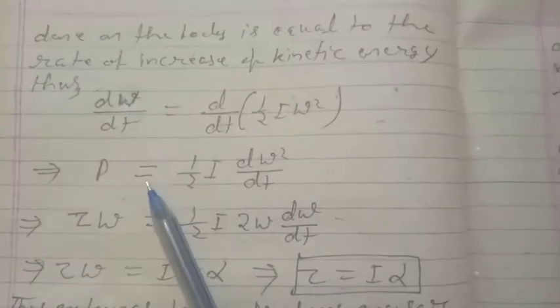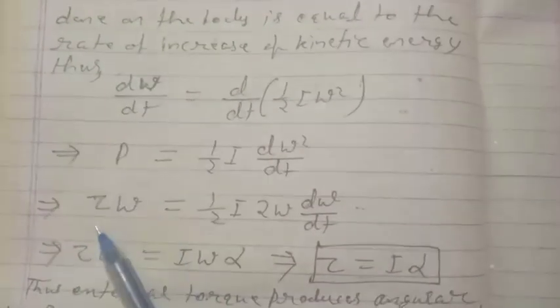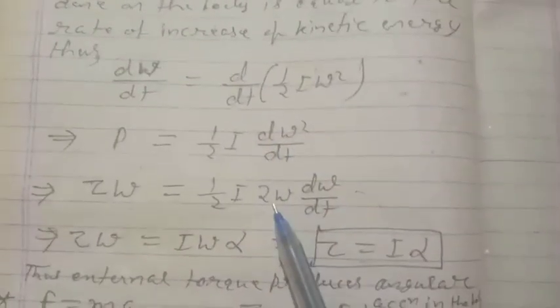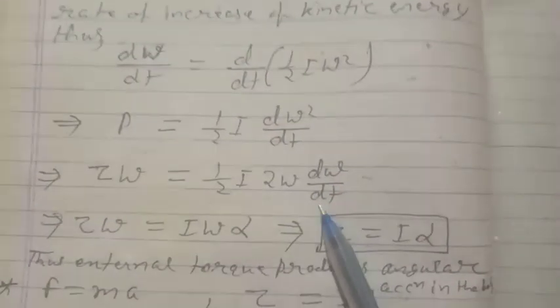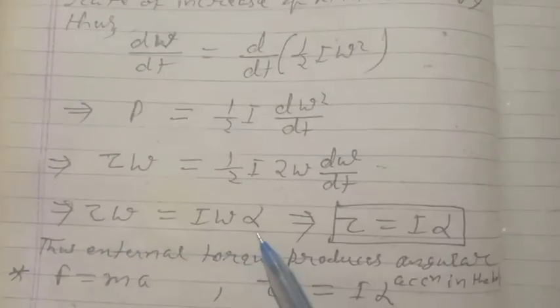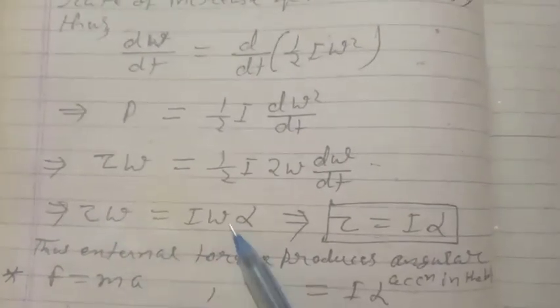Power equals 1 by 2 I, where 1 by 2 and I are constant and come out of differentiation, times d omega squared by dt. Since power equals tau times omega, this equals 1 by 2 I times 2 omega times d omega by dt. This implies tau omega equals I omega alpha. Omega cancels, so tau equals I alpha.